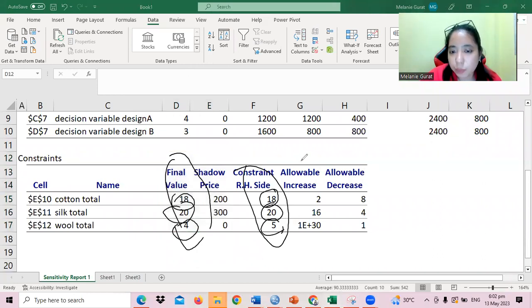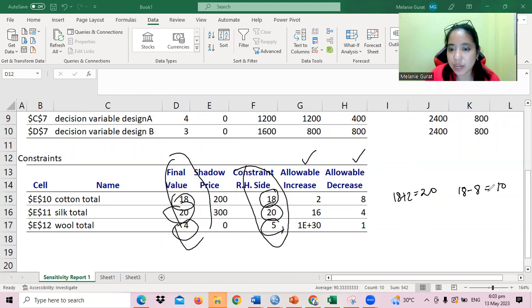The allowable increase is 2 and the allowable decrease is 8 for cotton, which means if we increase it by 2, we have 20, and if we decrease it by 8, that is 10.